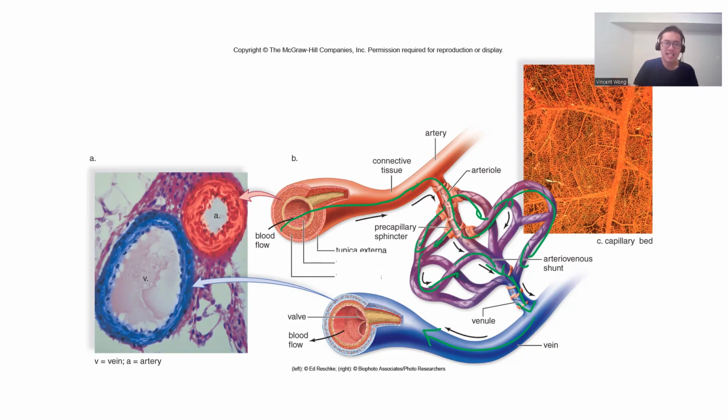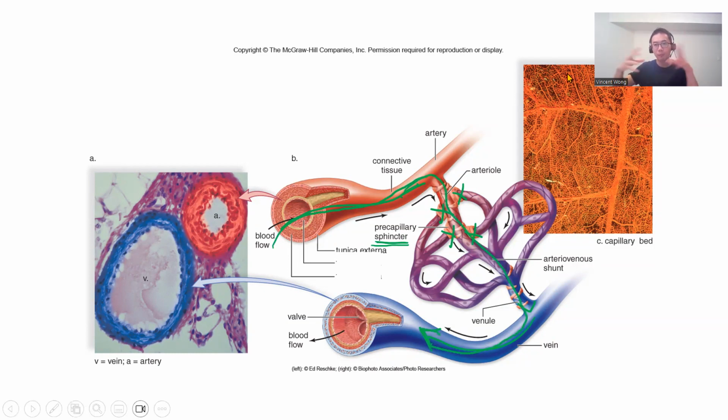Okay, but let's say you don't really need as much blood now. Let's say this is the muscle and you're not really moving around. Then there are these tiny valves or sphincters that could close off these paths. Okay? So when the blood comes, it's just going to go through directly to the veins like that.